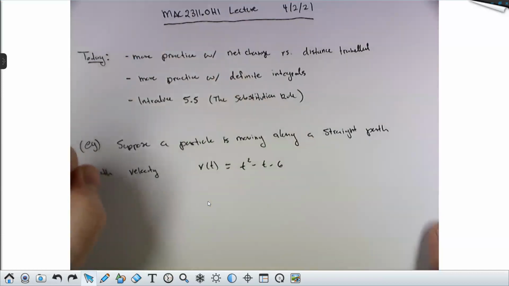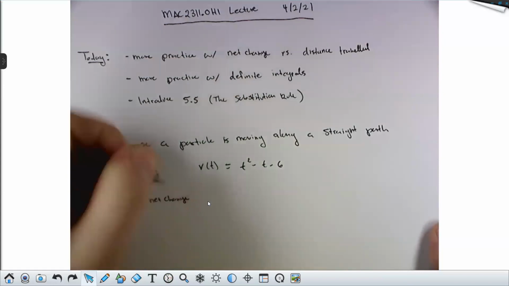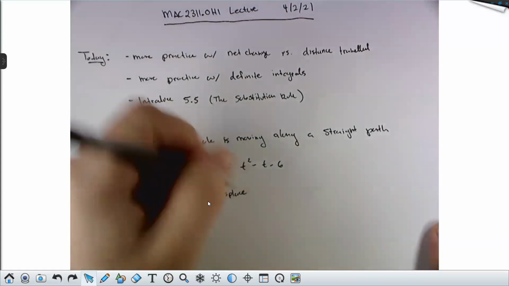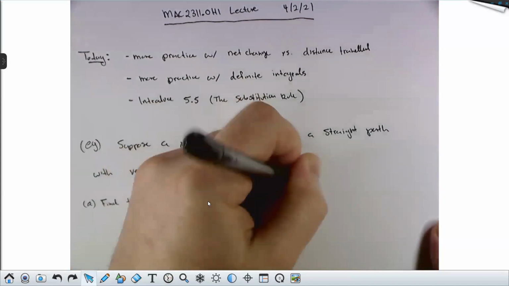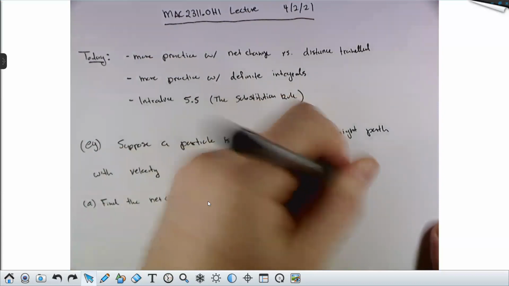I want to do two things. I want to find the net change in displacement from t equals 1 to t equals 4.